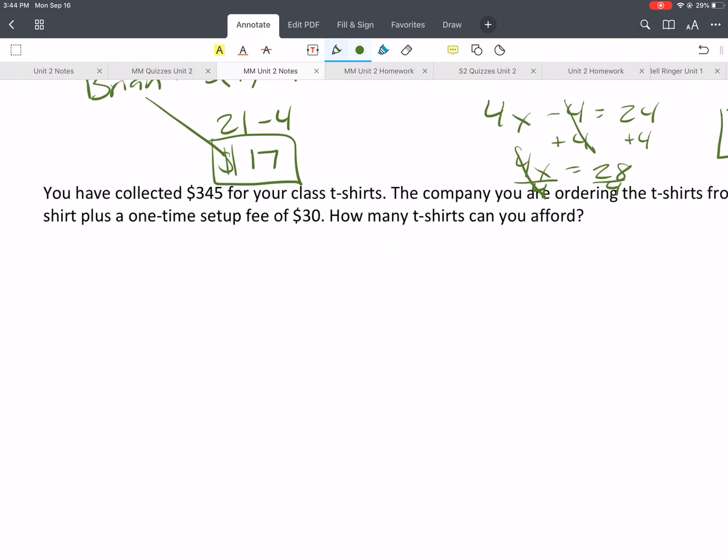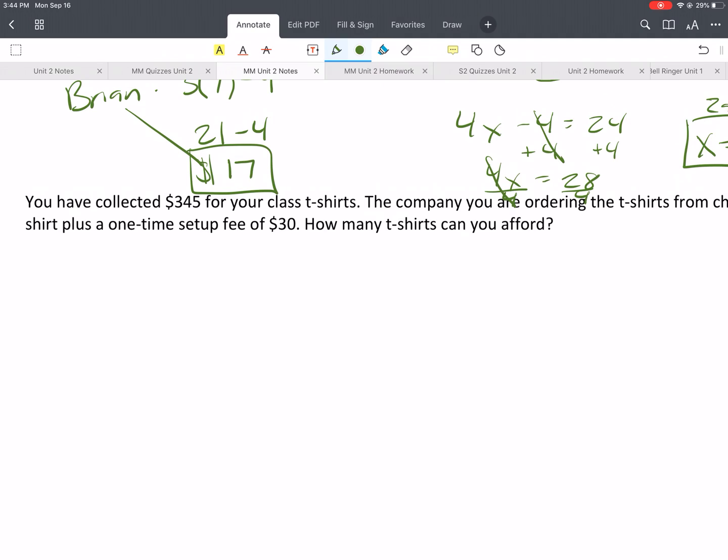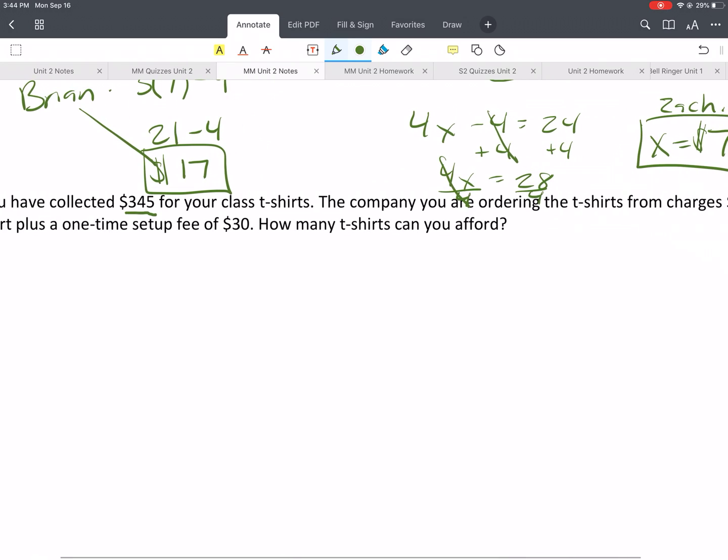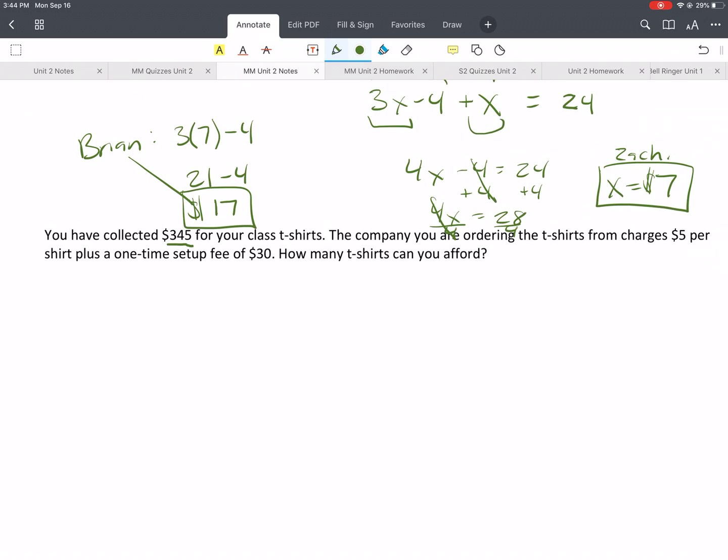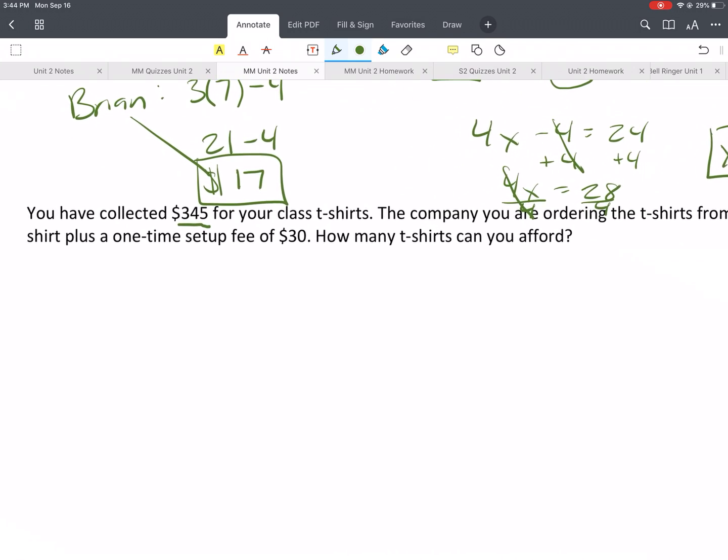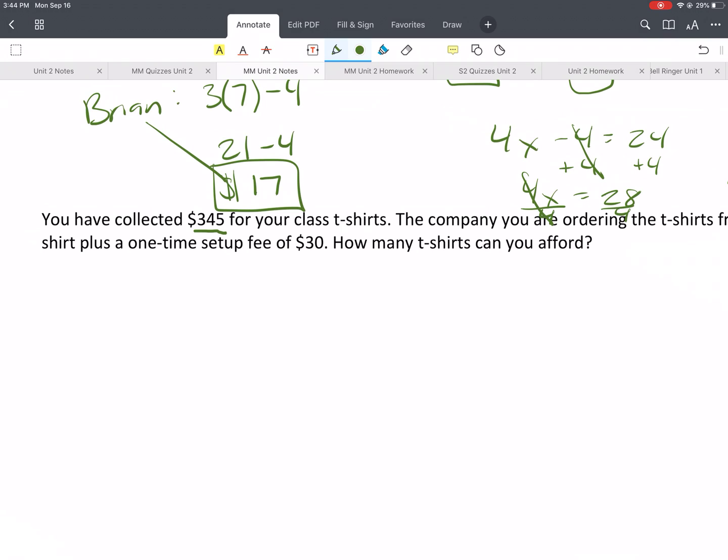Okay, next we have: you collected $345 for class t-shirts. The company you're ordering the t-shirts from charges $5 per t-shirt with a one-time setup fee of $30. Okay? So we have the total cost, $345.